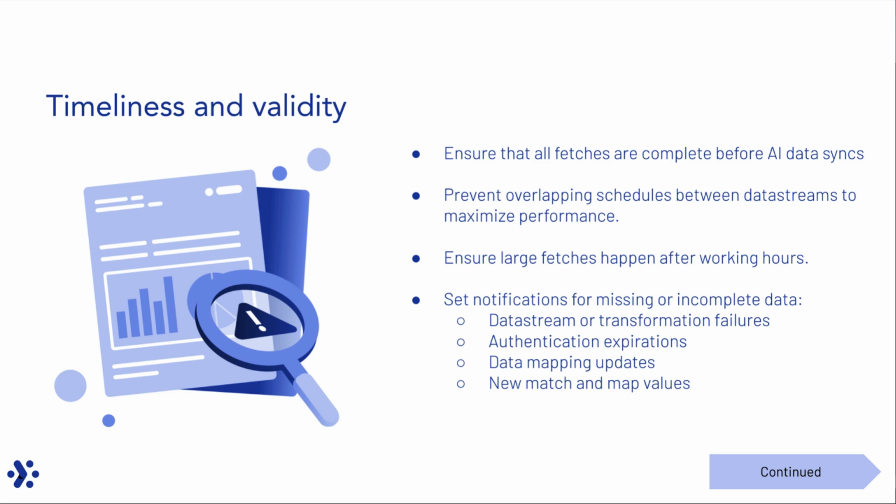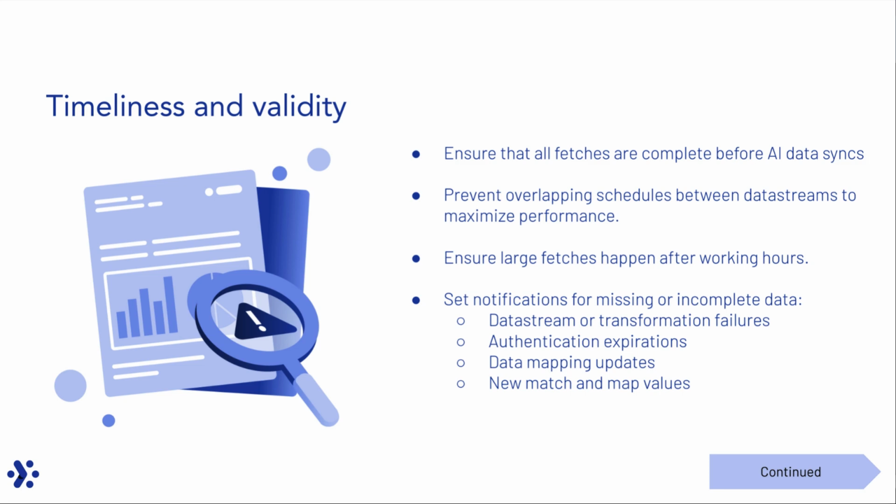It'll consider the data volume of a fetch. It'll look at other scheduled fetches in your account, and more. It takes all that to coordinate your fetch times accordingly to make sure that your data arrives at the specified time. It's a really helpful tool for data timeliness. It's very highly requested by our customers. It's very popular. So make sure you go in there, open your data streams, and set it when you can. But manual scheduling is, of course, always still available as well.